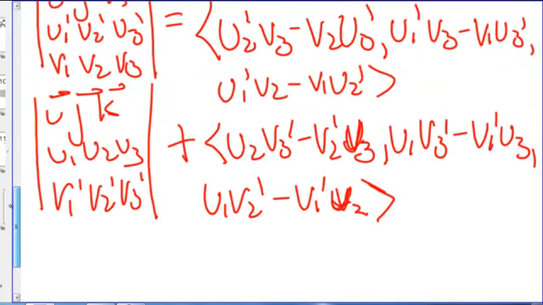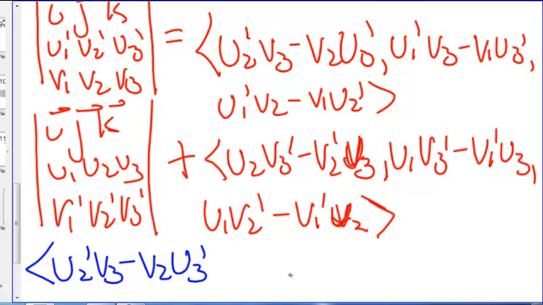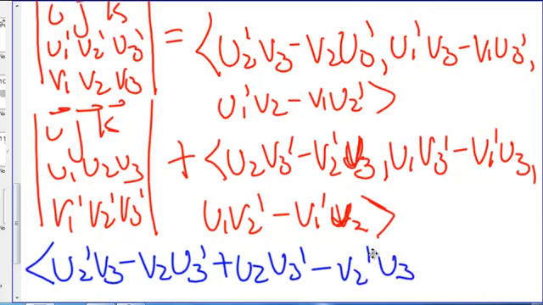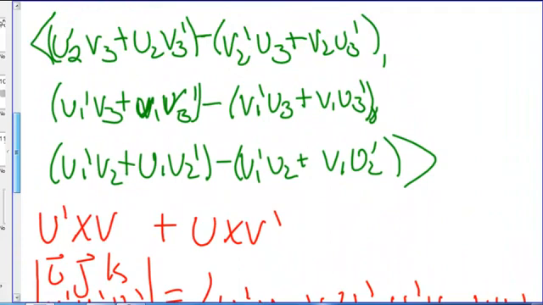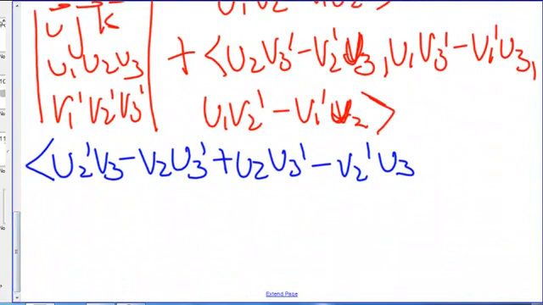So when we add these two together, we get the vector u2 prime v3 minus v2 u3 prime plus u2 v3 prime minus v2 prime u3. And we can check that, and if we bring in this negative sign, we see that's equal.